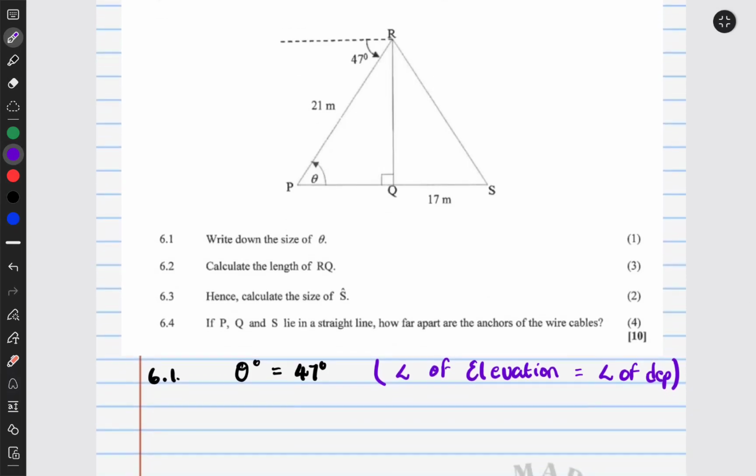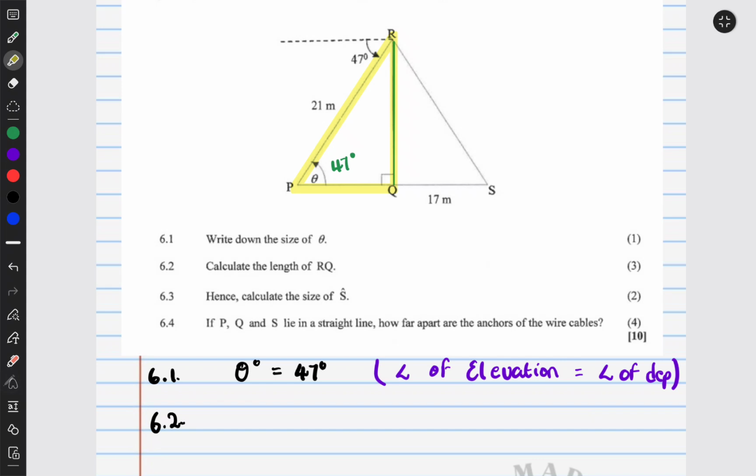Okay, and then for 6.2, hence calculate the length RQ. So now we have 47 degrees here, and we are asked to calculate the length RQ, and we were given that length 21 of PR, and you must recognize that this is actually a right angle triangle.